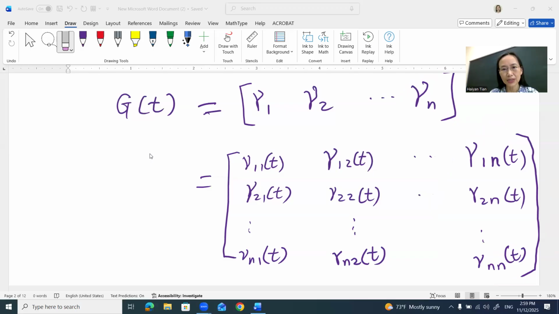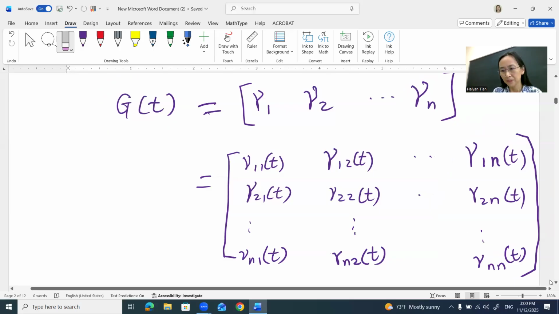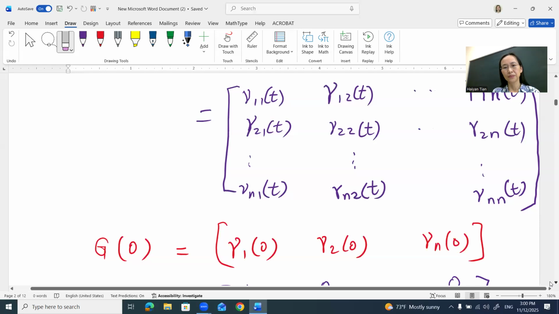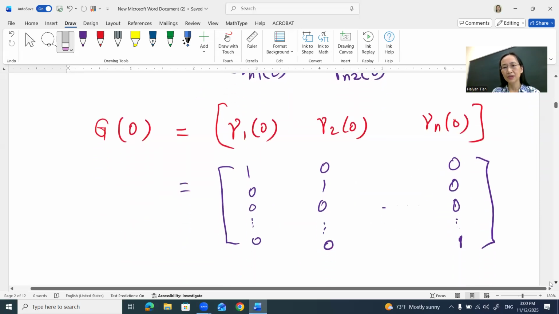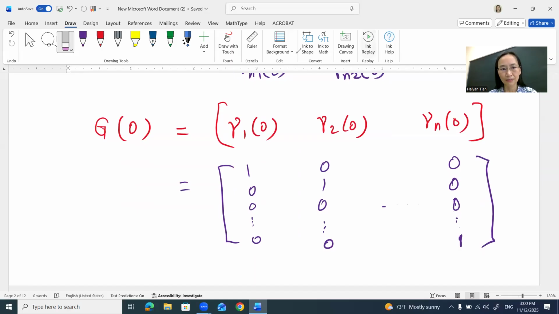And for this fundamental matrix, we know immediately that it satisfies the initial data. When t is 0, each column evaluated at 0 will be a unit vector.